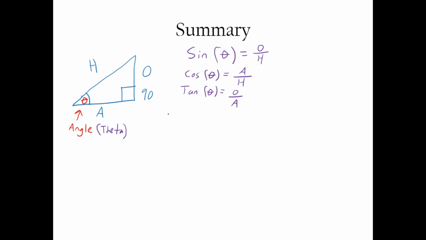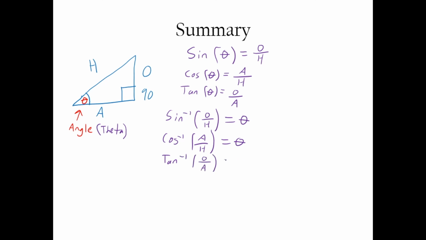The inverse trig functions are exactly the same, just opposite. Sine inverse of opposite over hypotenuse is equal to theta. Cosine inverse of adjacent over hypotenuse is equal to theta as well. And lastly, tangent inverse of opposite over adjacent is also equal to theta.